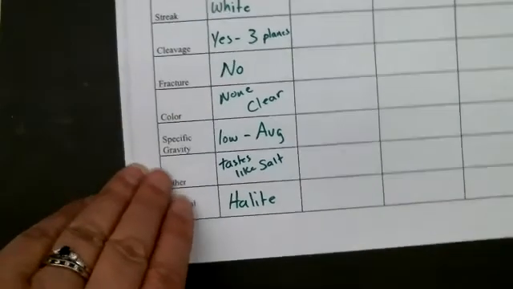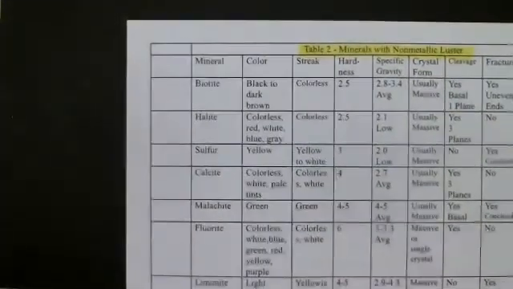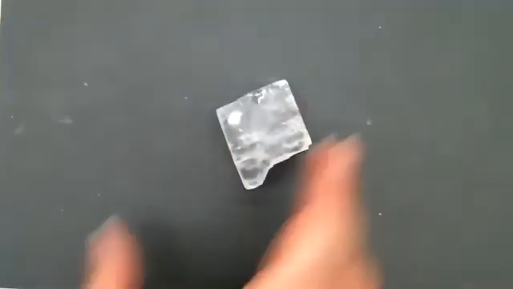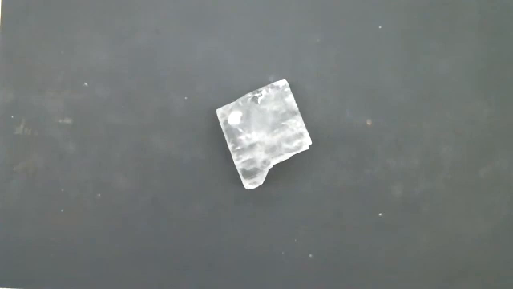And then the next thing we want to do is on this table, we're going to write 1 because we identified that as mineral 1. And all the minerals that you're identifying, you're only using once. So you're kind of crossing that one off. You don't need that one anymore. And that is the identification of mineral number 1, which is halite.